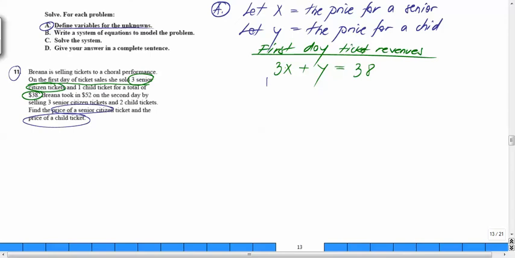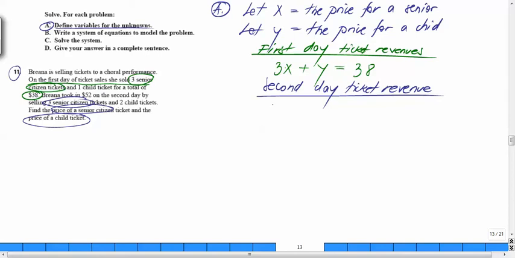Okay, second day, ticket revenue, or revenue, it doesn't matter, singular or plural. What we have, she sold 3 senior tickets, right?